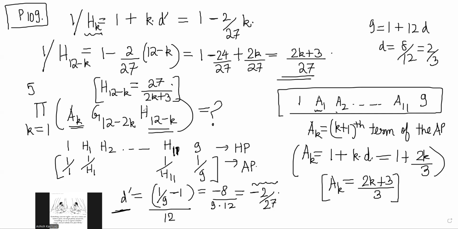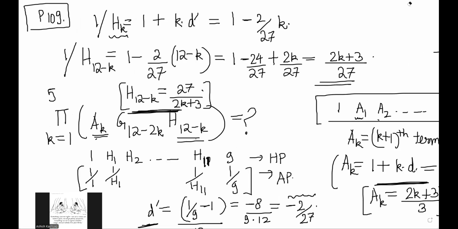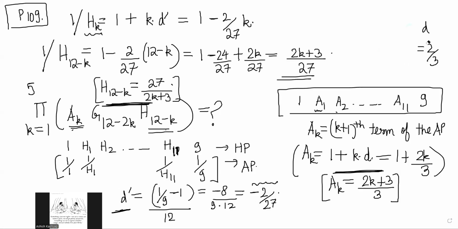So notice a nice pattern. AK was 2K plus 3 by 3 and H of 12 minus K is 27 by 2K plus 3. So the product of AK and H of 12 minus K, if you want to calculate, we can do that here.